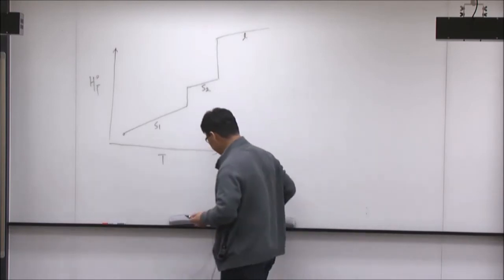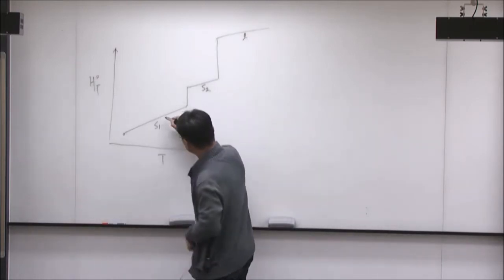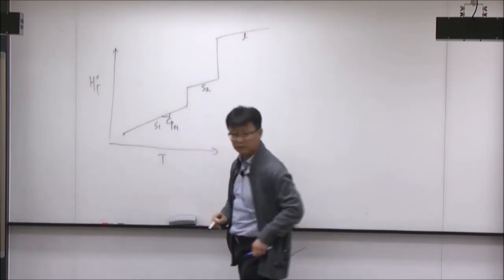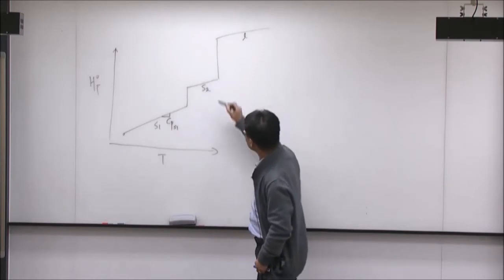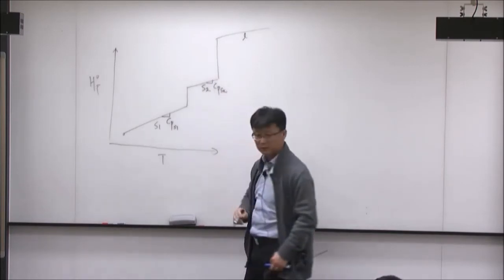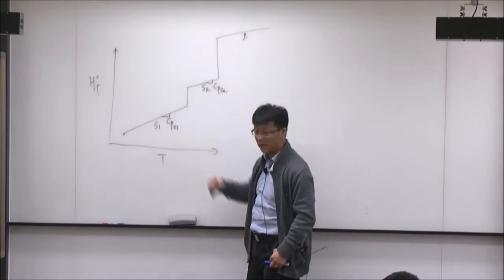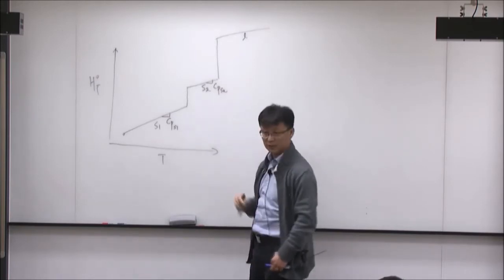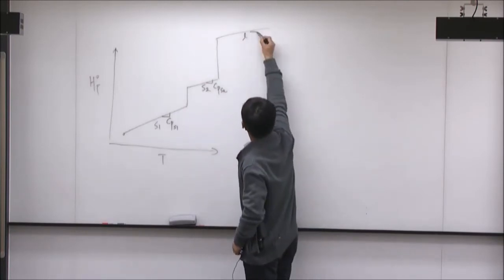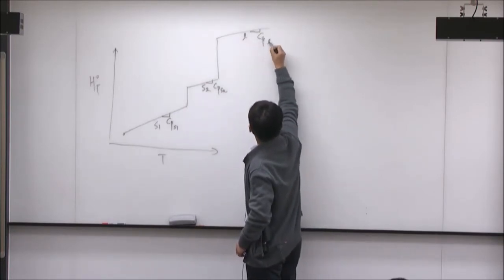The slope here is Cp of the solid 1 state. And the slope here is Cp of the solid 2 state. So FCC iron and BCC iron could have different heat capacity. And this one is Cp of the liquid state.